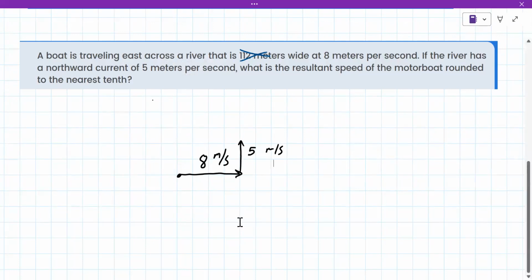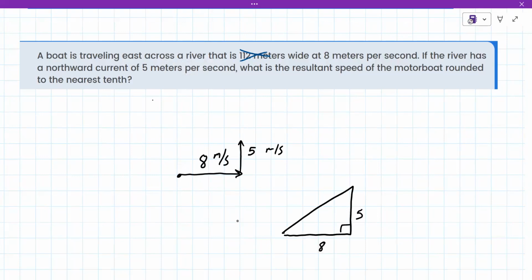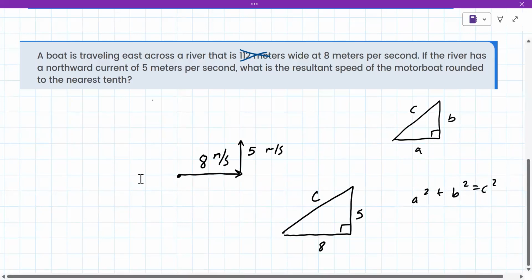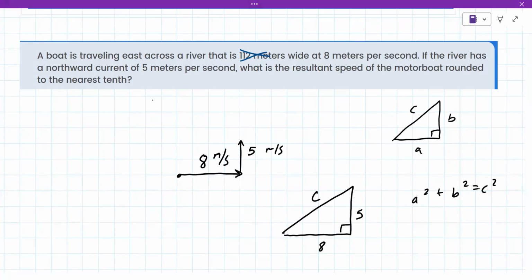And this is kind of like a triangle. It's kind of like saying, okay, 8, 5, and C. Do you remember the relationship between the three sides of the triangle? Yes. So the relationship is A, B, C, A squared plus B squared equals C squared.